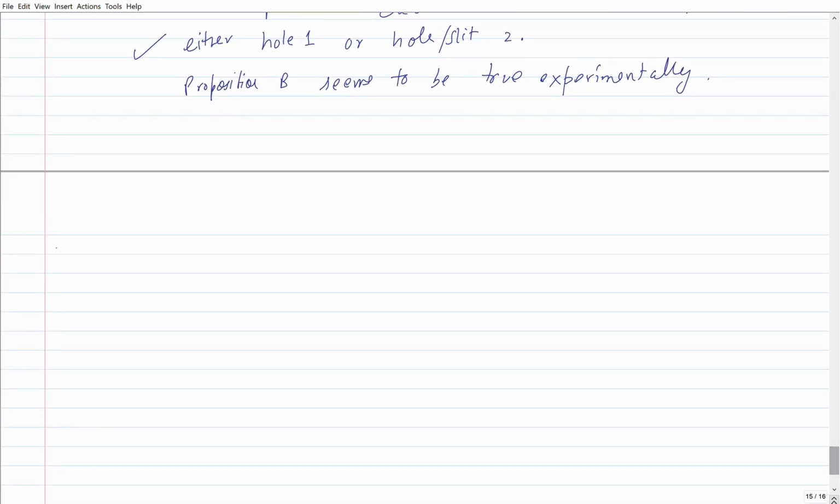So what happens? What do I see on the screen? On the screen, I have this electron gun, and there's a light source.